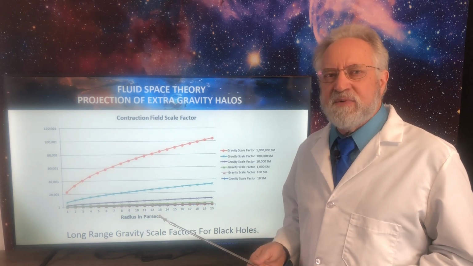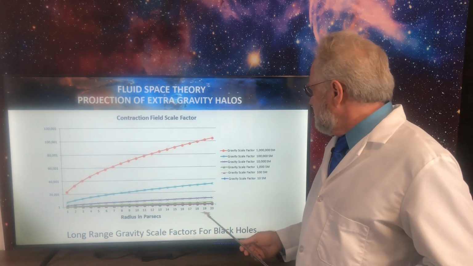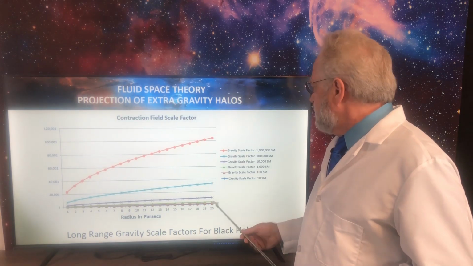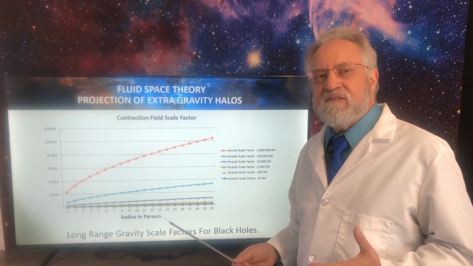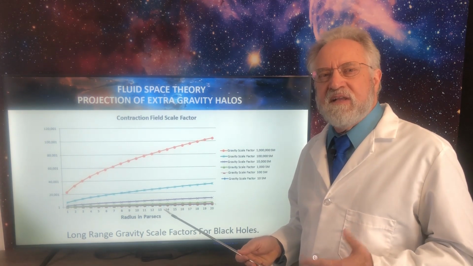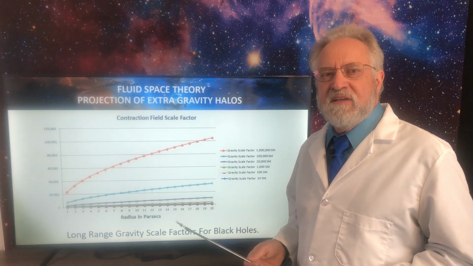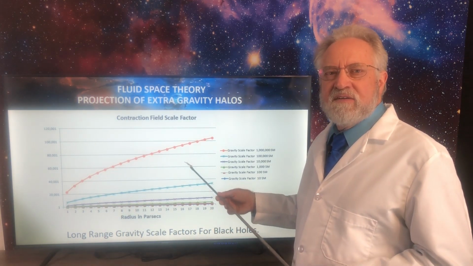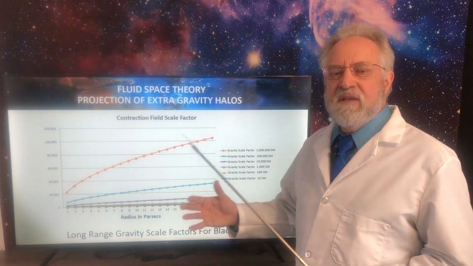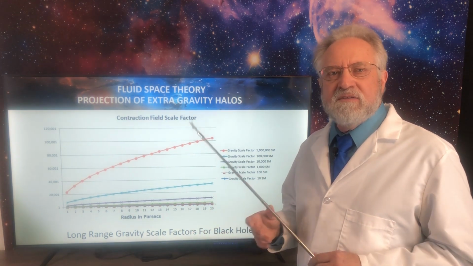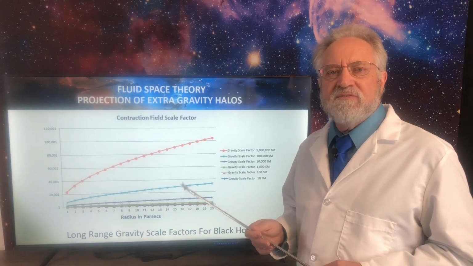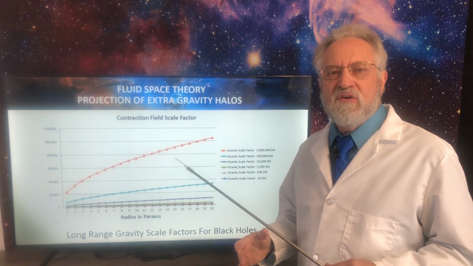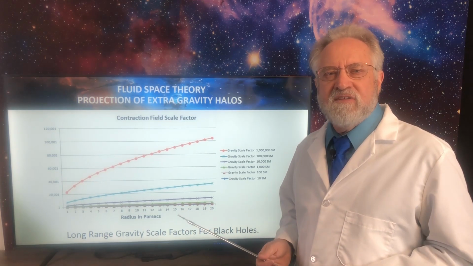Now this is going to be tempered because the large stars of 100 solar masses or more, or even 10 solar masses, if there's a lot of them and they're concentrated in the galactic core, collectively they can create a dark matter scale factor that's on par with the black hole. So the dark matter halos or the extra gravity halos are going to be really dependent on the size of the black hole and the composition of the galactic core.